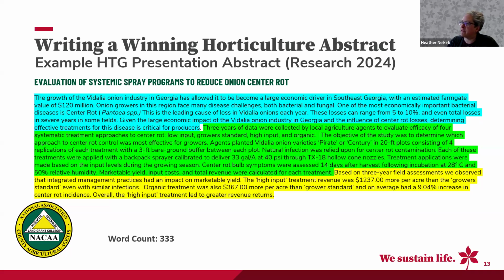They talked about natural infection being relied upon. They talked about the treatments, how the backpack sprayer was calibrated to deliver things, and then the applications that were made at the input levels during the growing season, and when they were assessed. So it's giving you all the methodology, the step-by-step procedures of that scientific research, in that short green section.